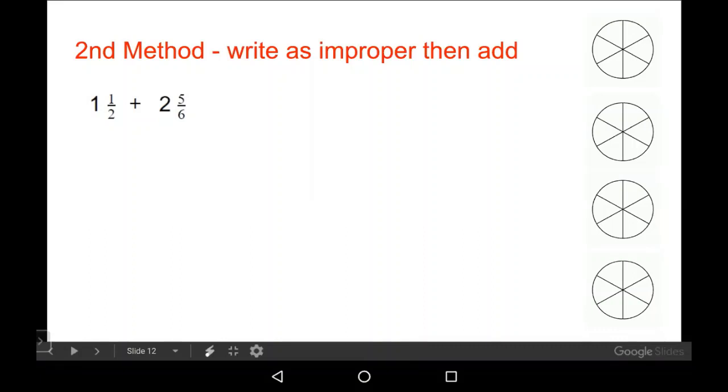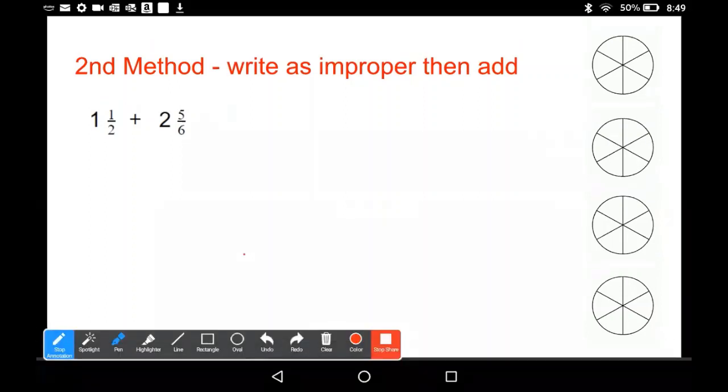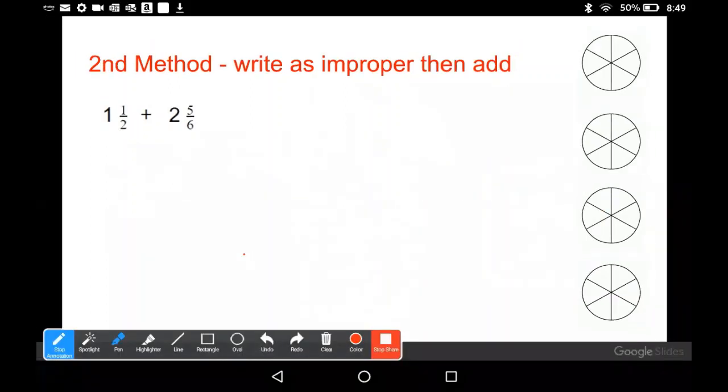So the second method says you're going to write it as an improper fraction, and then you're going to add it. So go back to those first couple of slides I did, and you have to write this as an improper fraction. So 1 and 1/2. If you think about 1 and 1/2, that means you have a whole plus another half.